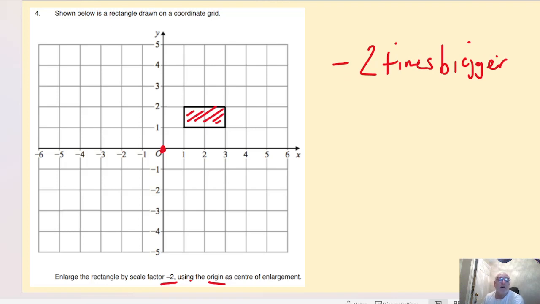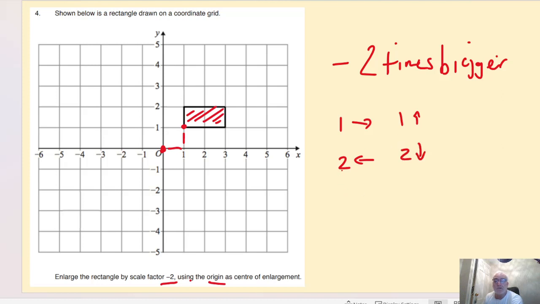What does that mean in the context of this question? So we go 1 to the right, 1 up for that vertex. Let's do the opposite and double it. So let's go 2 to the left and 2 down.